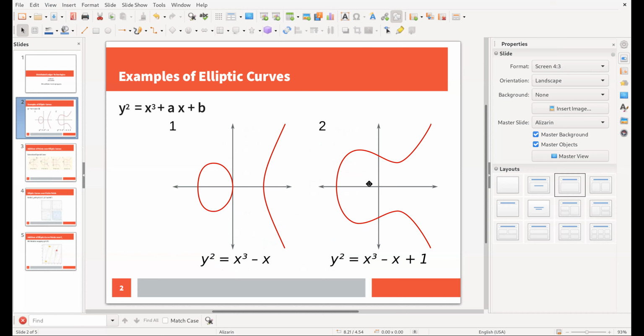Okay, can you see the graphs? Yes. Okay, so you see there are two possible cases.